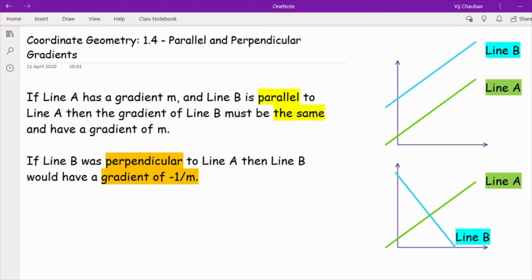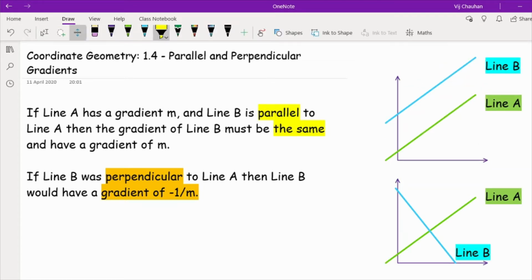Now, if lines were perpendicular to line A, for example in the second diagram, line A is perpendicular to B because they meet at a 90-degree angle, which I'll emphasize with a little box there. If line A has a gradient of m, then line B, which is perpendicular, will have a gradient of -1 over m.